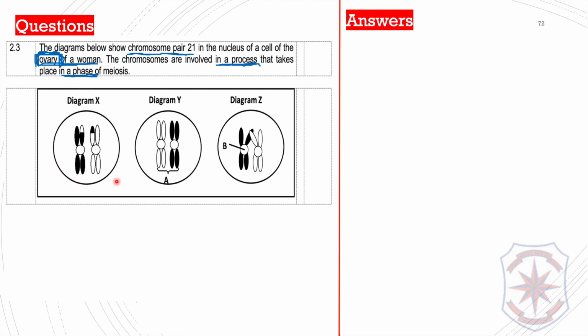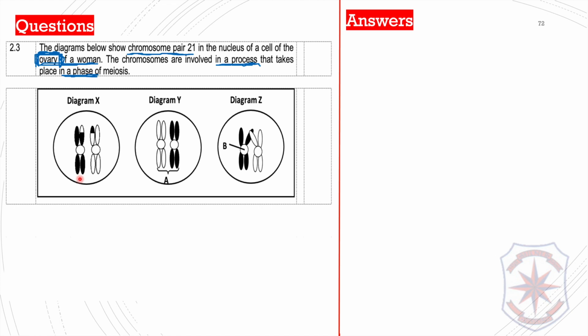Let's try and check which phase and what process the statement is referring to. Okay, so we have diagram X, Y, and Z. In diagram X, we see a homologous pair of chromosomes, and from the statement they said it's chromosome pair 21, a homologous pair of chromosomes.